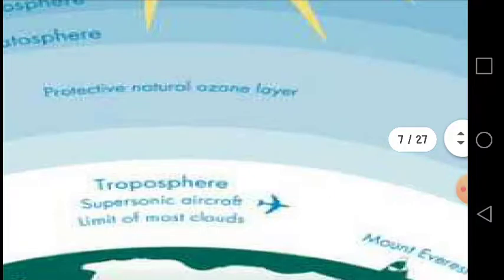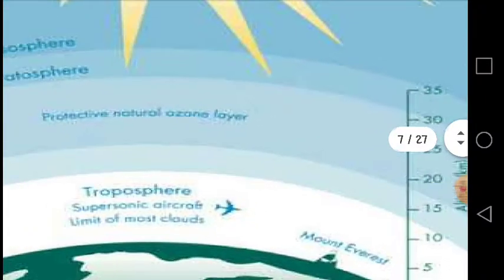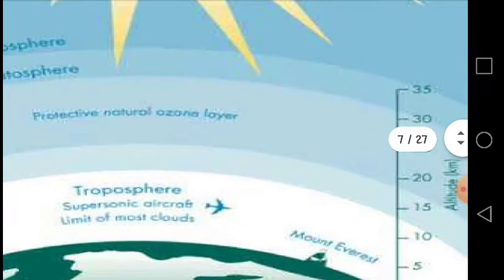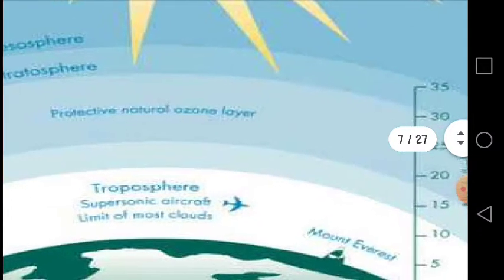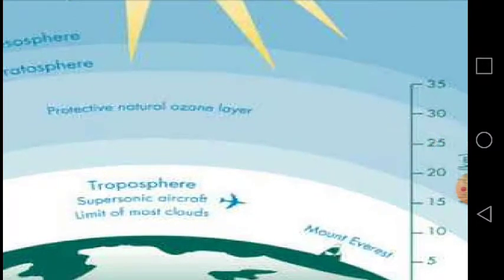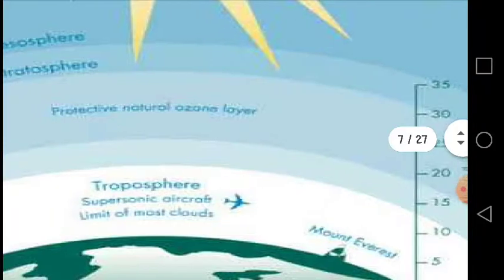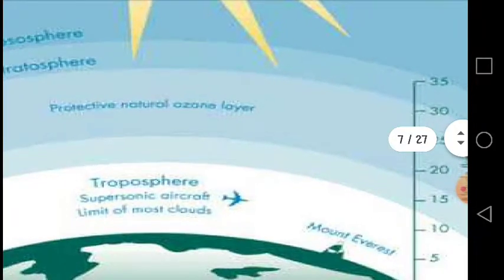You can see Mount Everest, the highest mountain on this earth, the troposphere level, and the ozone level. You can see the ozone is present between 15 kilometers to 30 kilometers above the earth's surface, and this is the layer which is called the stratosphere.